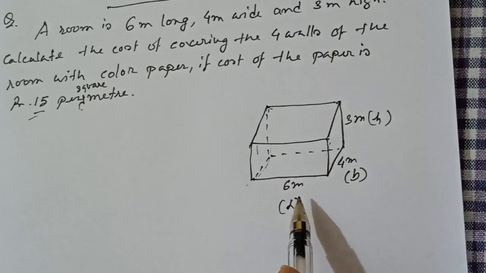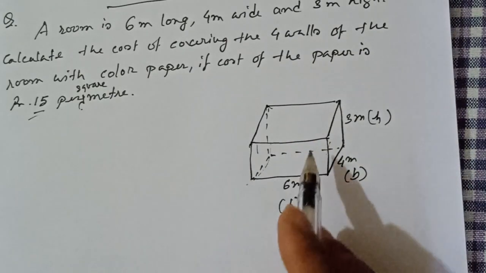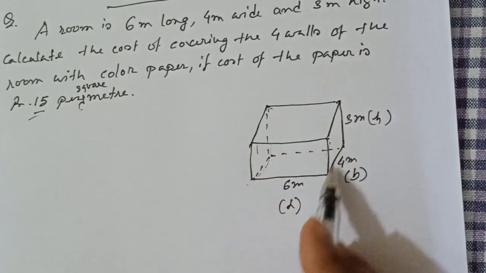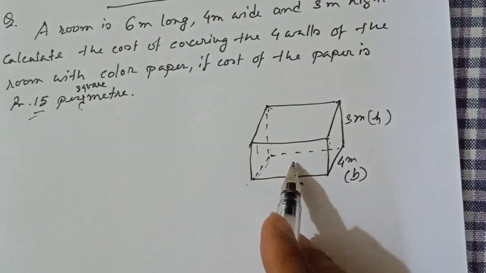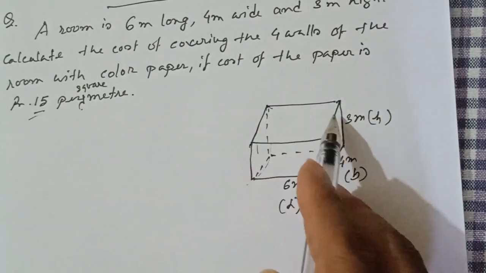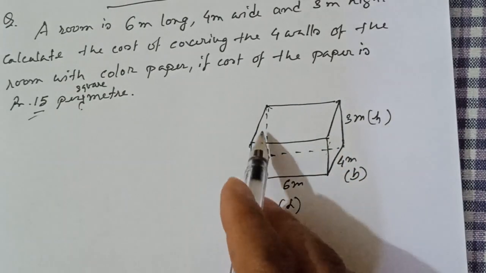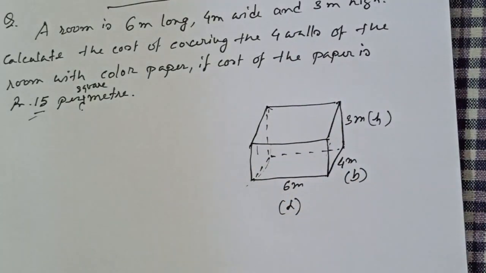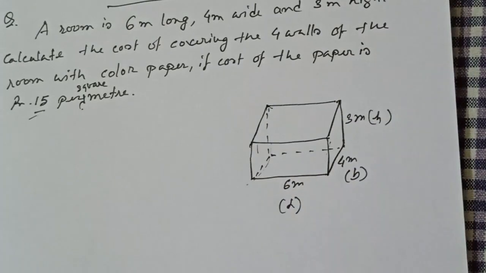When we say we cover the room, we ignore the ceiling and the floor. These are two other surfaces, but we will ignore them. So only four walls remain, and we have to find the cost of covering these four walls.